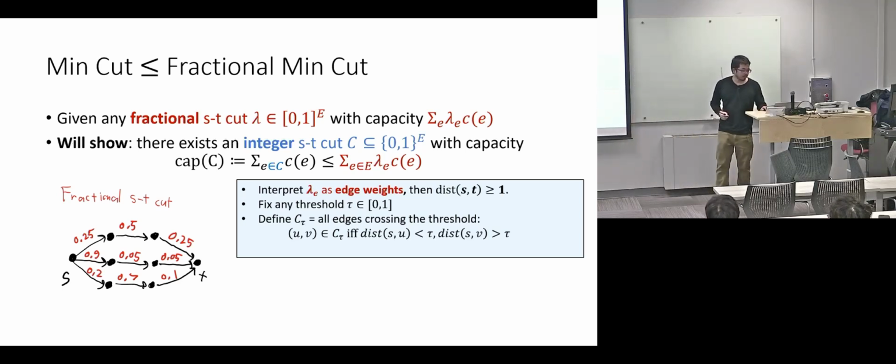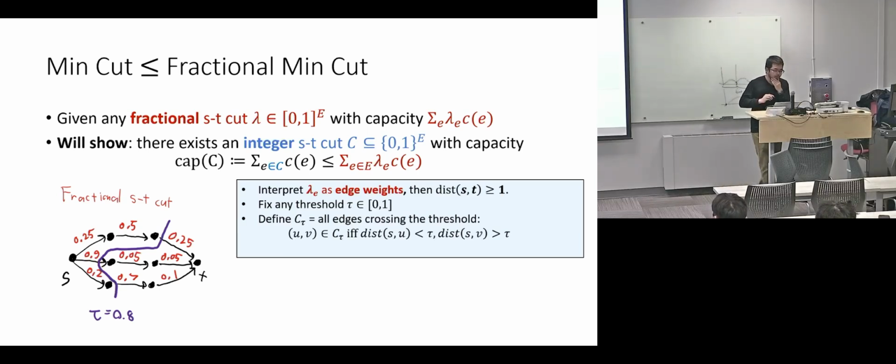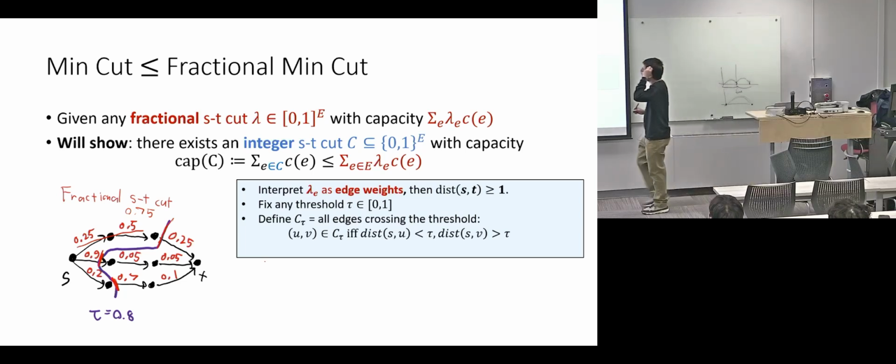For example, if my tau is 0.8, then this would be the cut. It would be this cut because this is a 0.75 here, and it's this one, and it's this one. So if tau is close to 0, then C tau would be close to S. The further I go, it's going to be closer to T. Make sense?